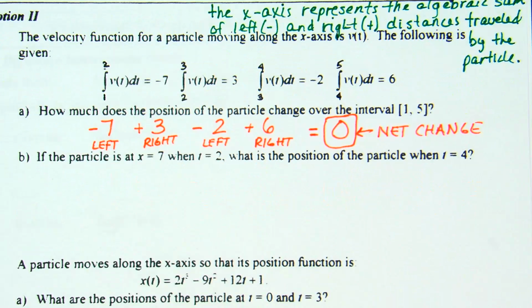If the particle is at x equals 7 when t equals 2, what is the position of the particle when t equals 4? So what interval are we looking at here?